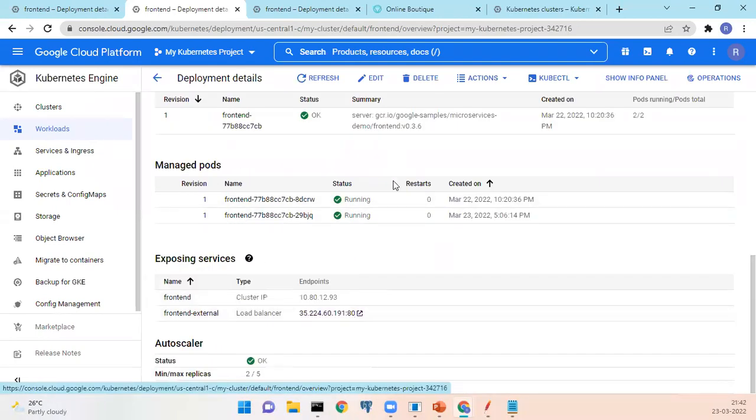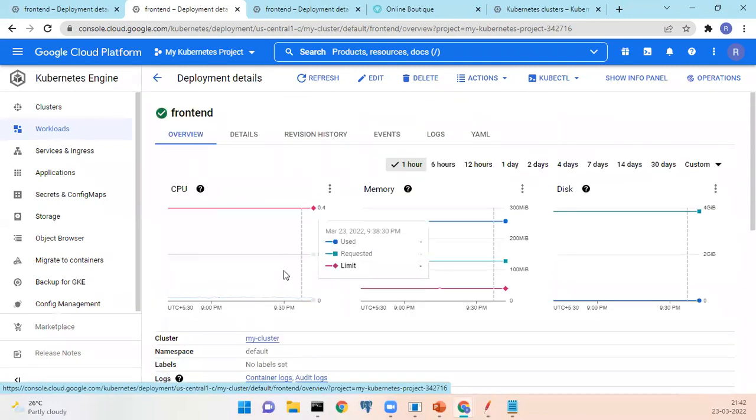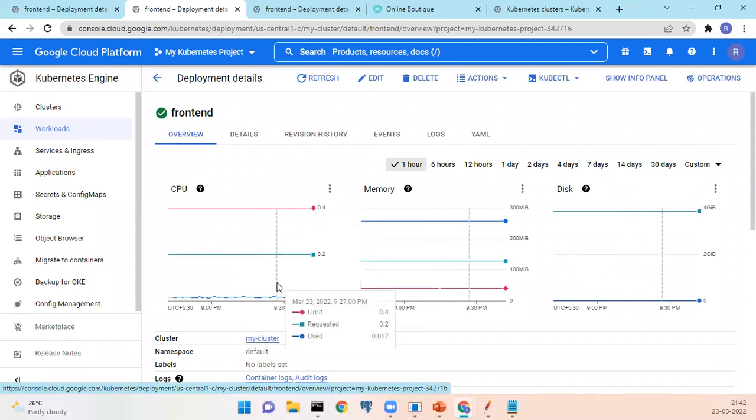Another point is that at this point of time, for this particular microservice, there are two pods. If we generate more load on the front end microservice, such that CPU utilization of the pod where this front end service runs goes above 80%, then there are chances that EKS will create another pod, another replica.